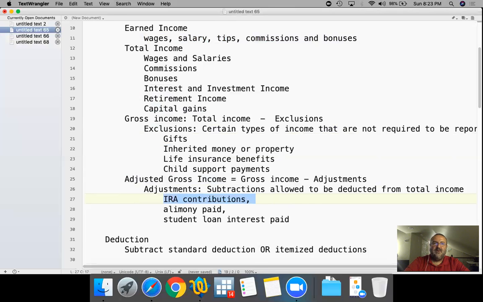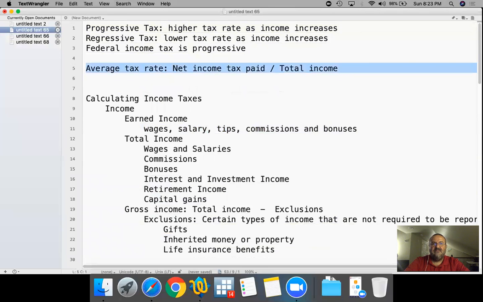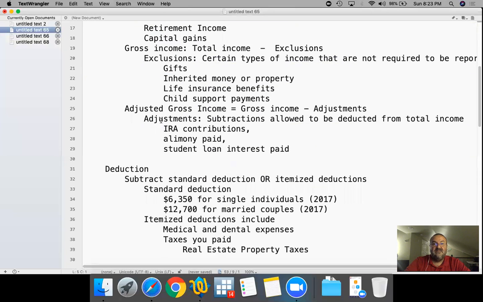So remember how I said your average tax rate? Even though you think you make X amount of dollars and you fall into a 30% or 25% bracket, you may not, because you have your exclusions, you have your adjustments, you have your deductions, and you may actually end up paying significantly less.